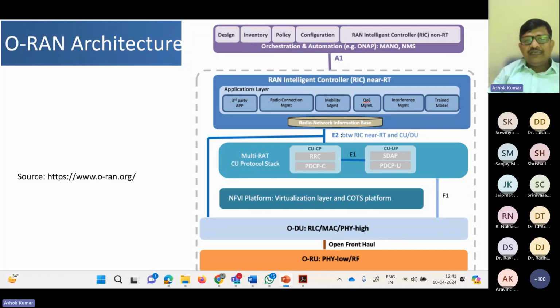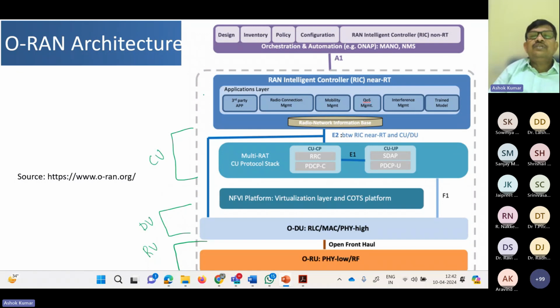So now let's look at the architecture of ORAN. This is the basic architecture as provided by the ORAN Alliance. As we said, the 7.2 split. The lower part which you see is your RU. Then you have the DU here, and then here you have the CU.